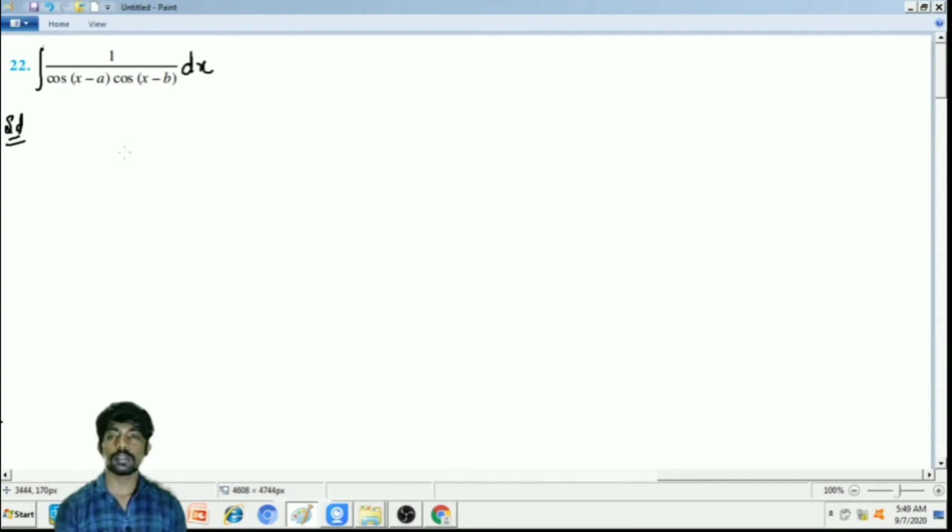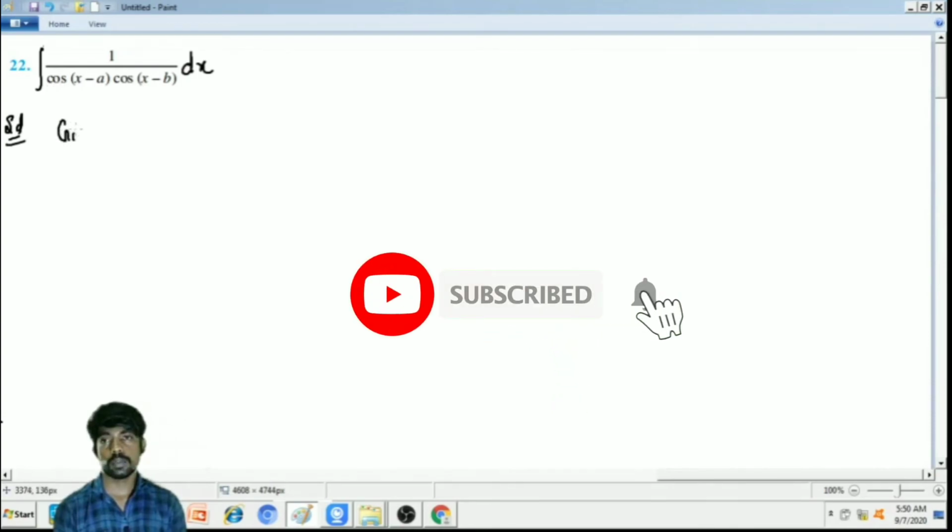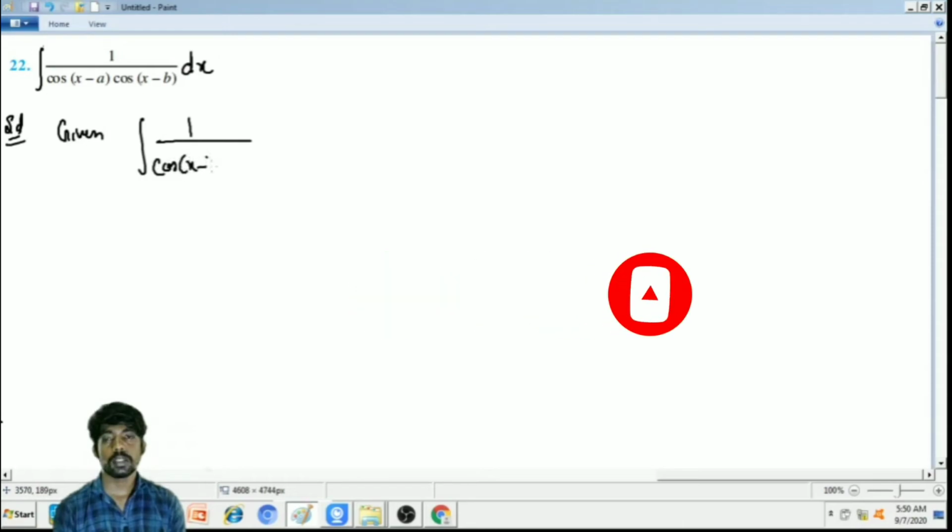We have the integration of 1 by cos of x minus a into cos of x minus b. Now here x minus a, x minus b, we have constants. So multiply and divide by sine of a minus b. The given question is the integration of 1 by cos of x minus a into cos of x minus b dx.